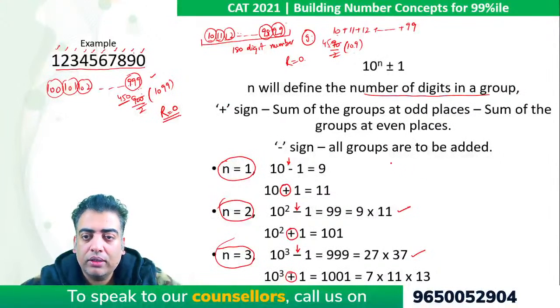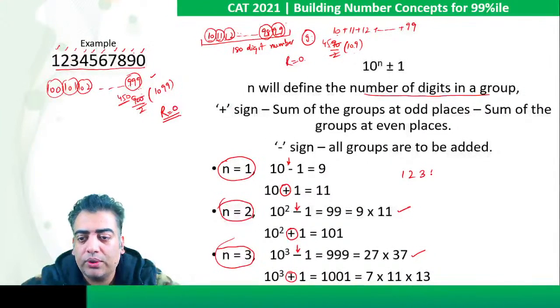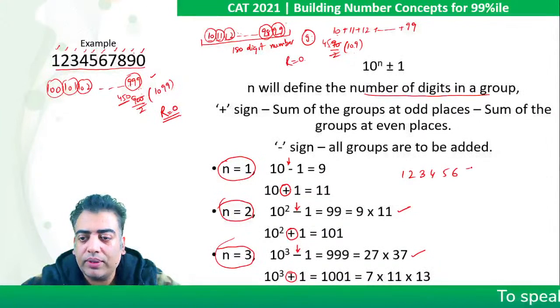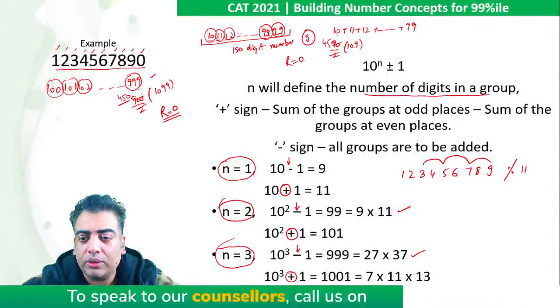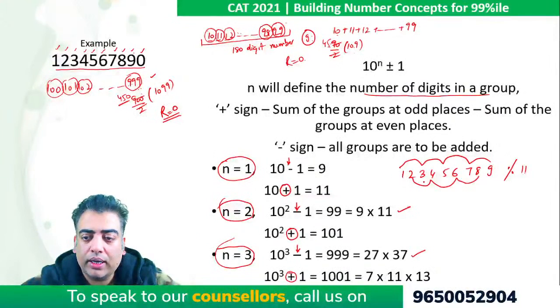All right. So let's say we come across a question: 1, 2, 3, 4, 5, 6, 7, 8, 9, what is the remainder when it is divided by 11? So we can make pairs of alternate digits. All right.